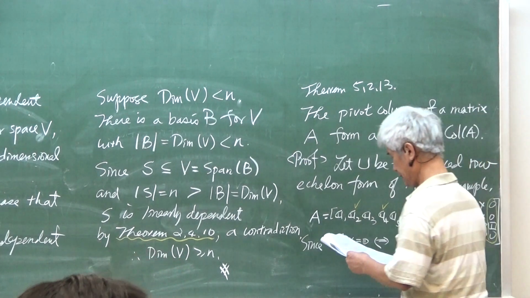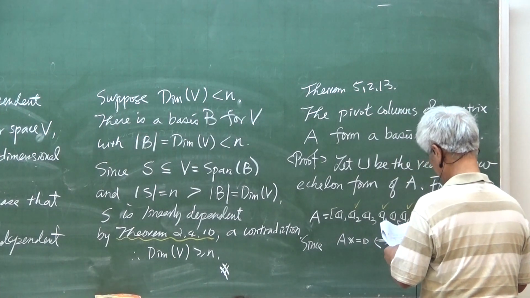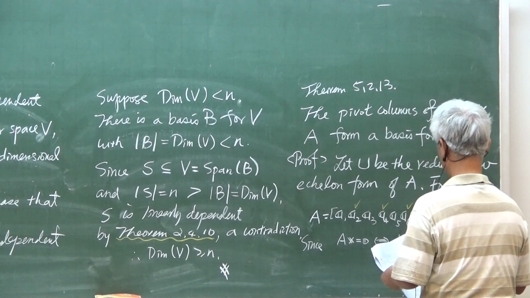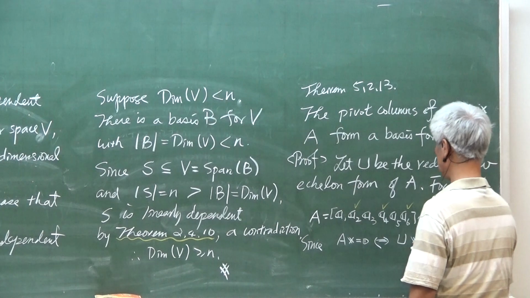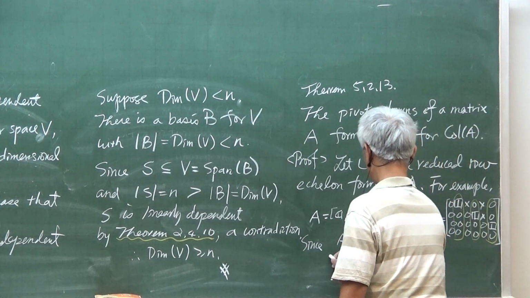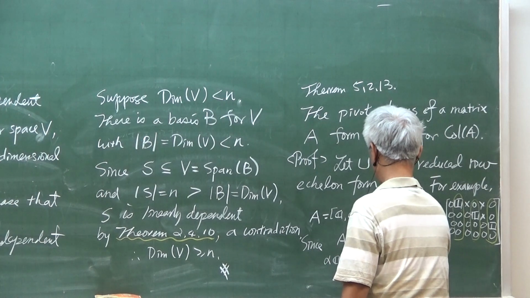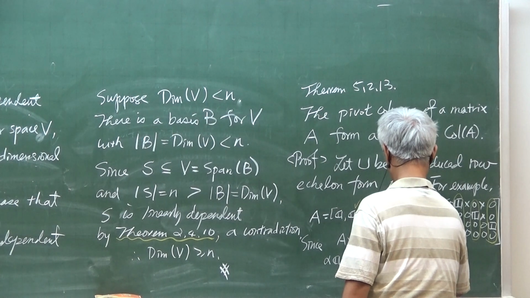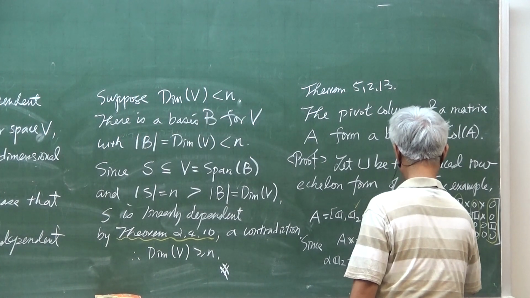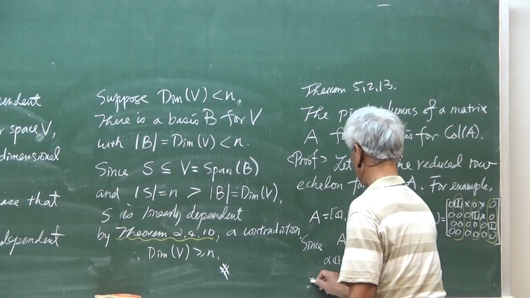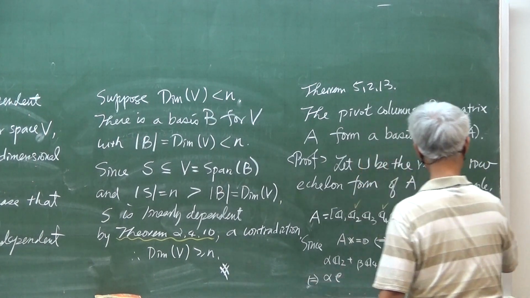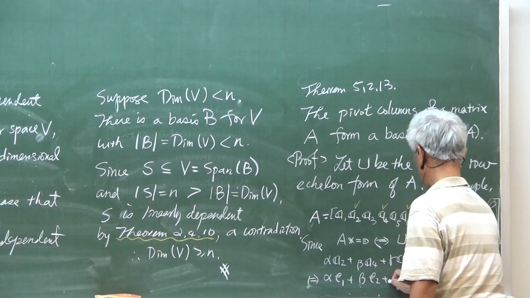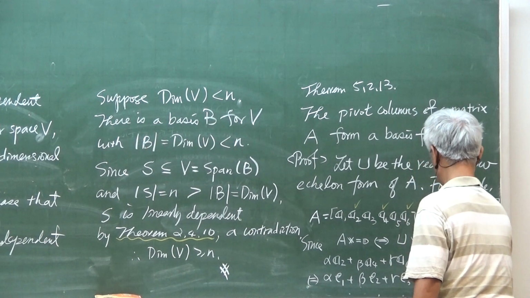Okay, and so the corresponding relation: alpha A2 plus beta A4 plus gamma A6 equals 0, right? If and only if alpha E1 plus beta E2 plus gamma E3 equals 0.